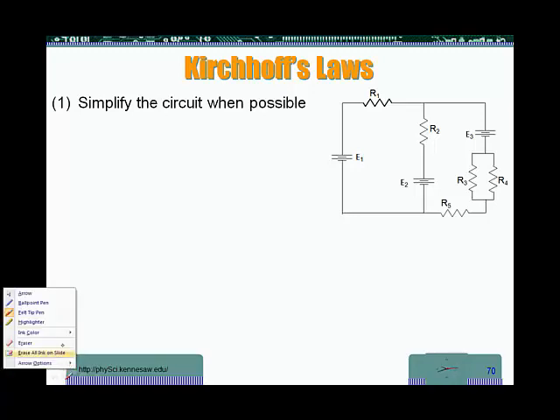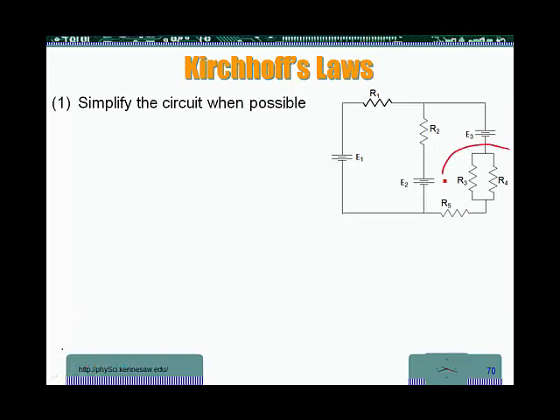In color red, R3 and R4 are in parallel, so the first thing I need to do is replace them by their equivalent. That's R34. I can find it by writing 1 over R3 plus 1 over R4. Okay, so I can find R34 and then simplify it.